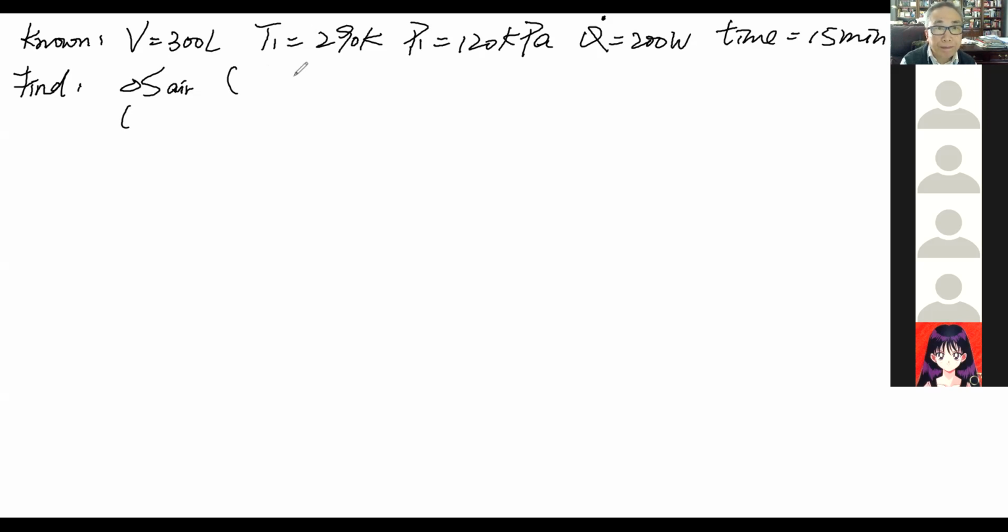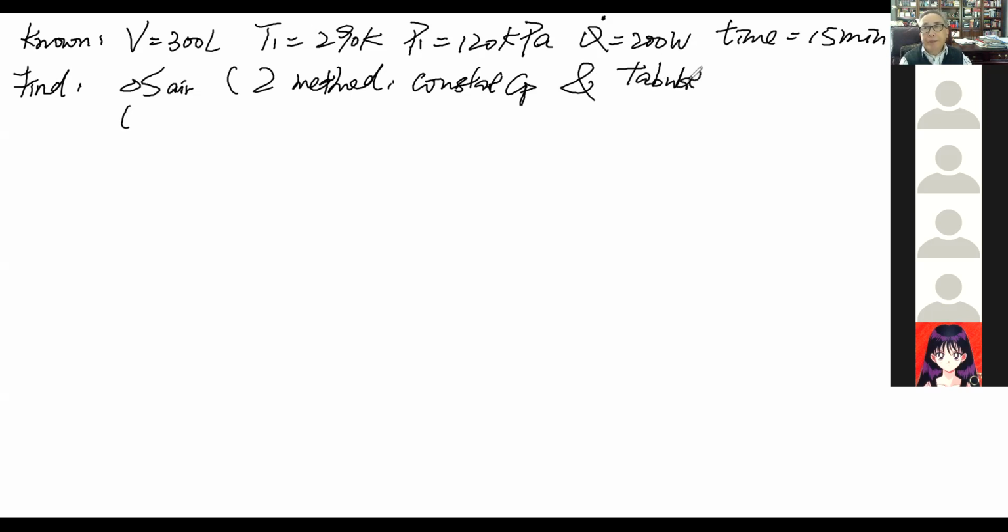First two methods: constant CP and from table. Okay, analyze. Sorry. Analyze.